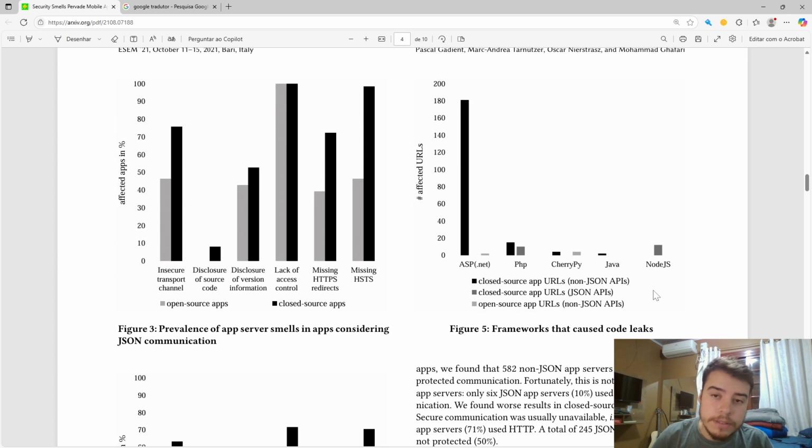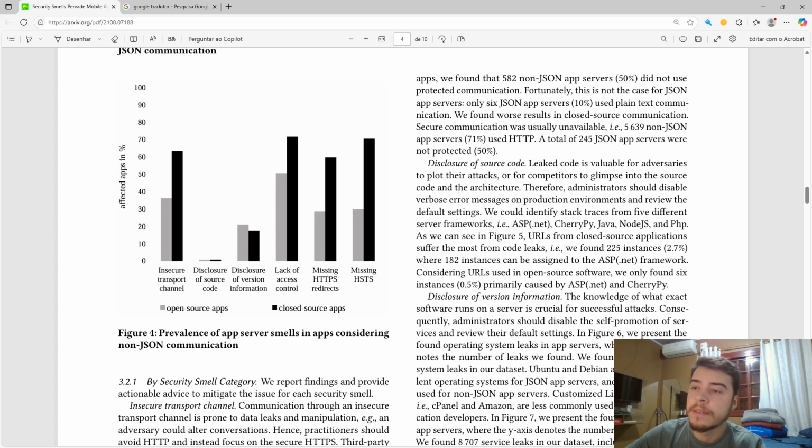They also searched for frameworks that caused code leaks, and we can see that the ASP.NET framework was the most affected here. Here we have the prevalence of app server smells in the apps considering non-JSON communication, and also open source apps and closed source apps. And you can see again that the closed source apps have more apps affected.